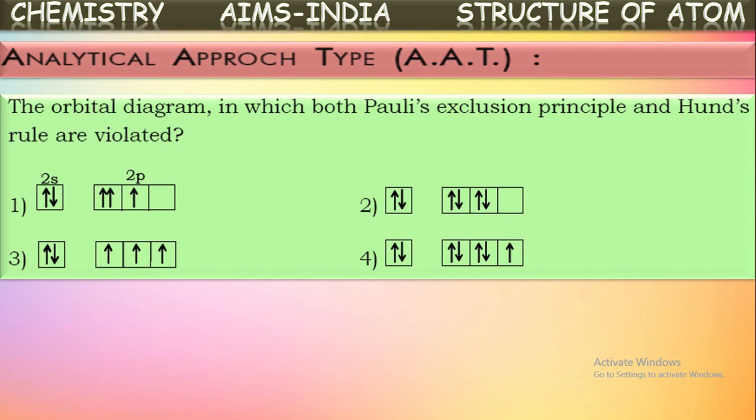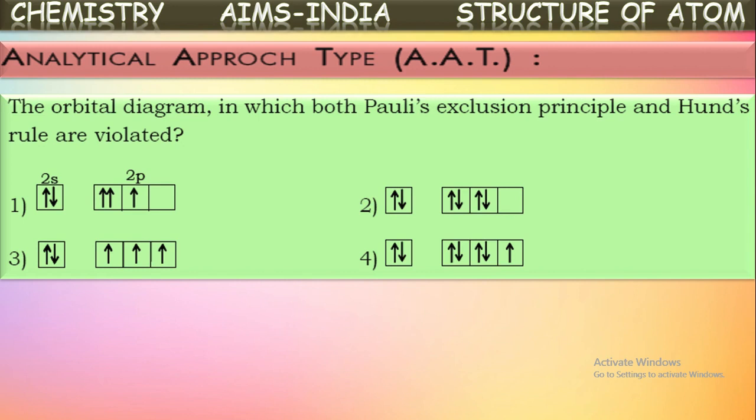Next one, Hund's rule. What does it state? Hund's rule states that pairing of electrons takes place only after filling all the degenerate orbitals with a single electron. What are degenerate orbitals? Orbitals with the same energy are called degenerate orbitals.